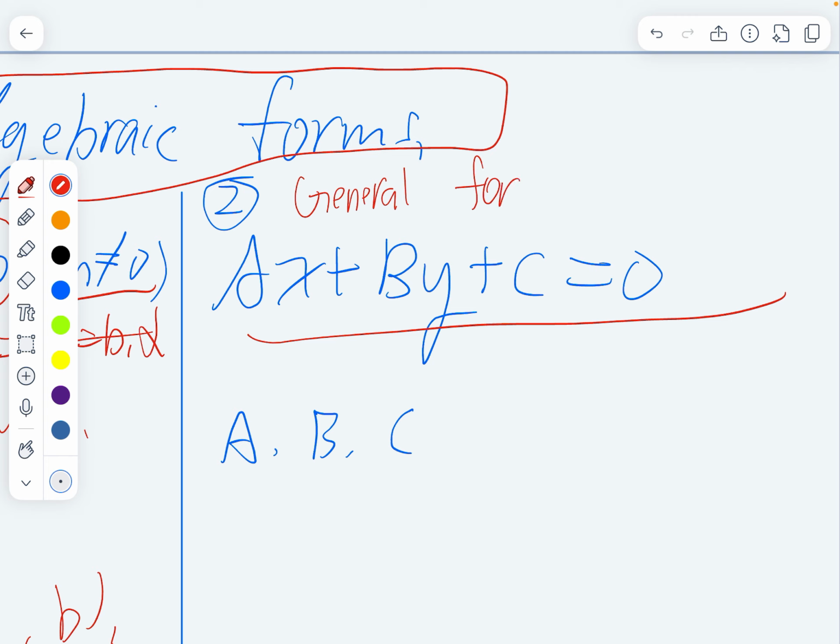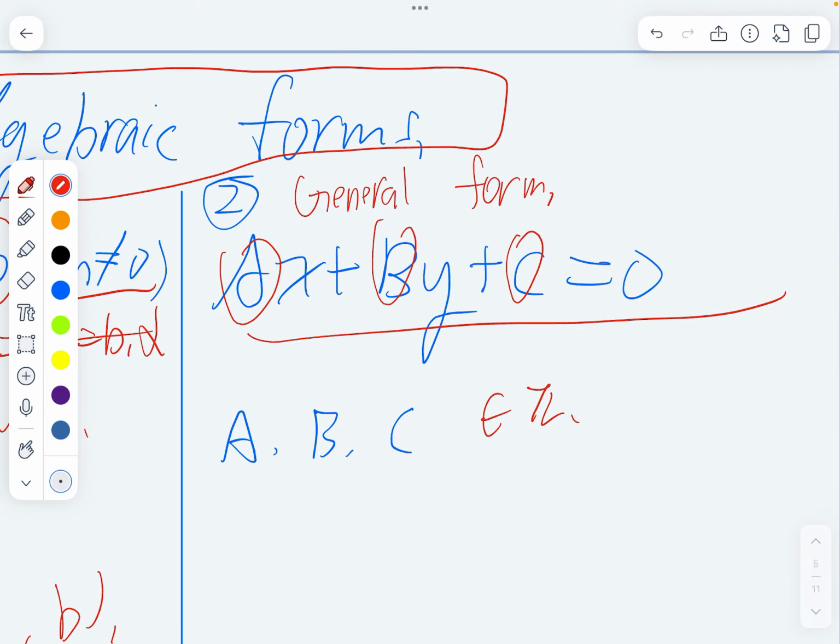The second one is the general one. It's called the general form. That means A, B, C can be any integer. So that means A cannot be like A over B or a fraction, right.